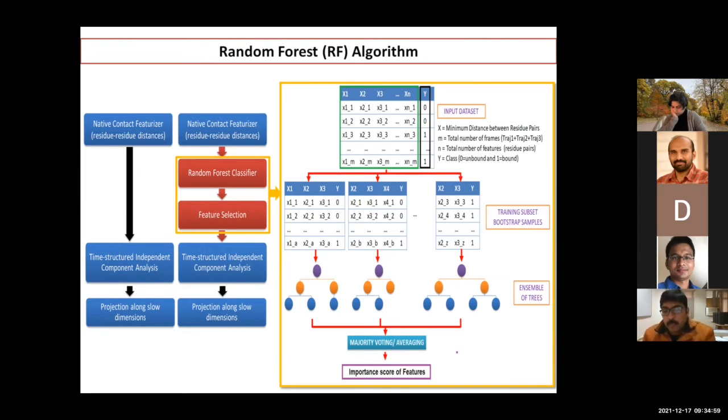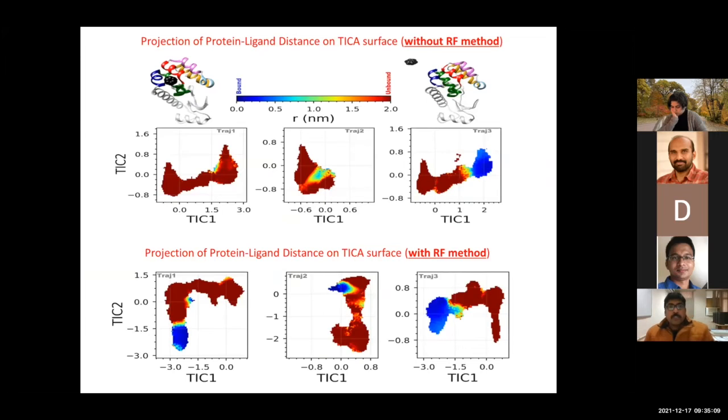We can use this importance score, which we obtained using the Gini method, to select the pairs which are crucial for binding. We looked at the cumulative score of these feature importances, and identified that 200 residue pairs out of almost 800 pairs are necessary for ligand binding.